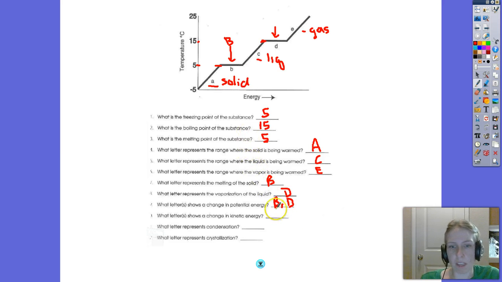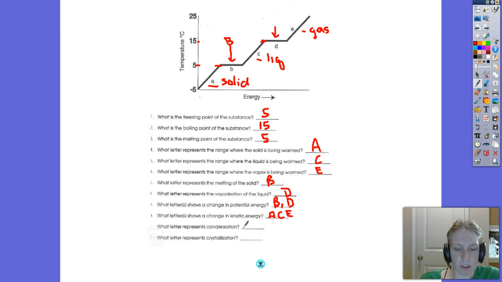Temperature's not increasing, so we're just calling that potential energy. Kinetic energy, that's when it's actually sloping. So we have sections A, C, and E have kinetic energy. So molecules are moving, temperature's increasing.